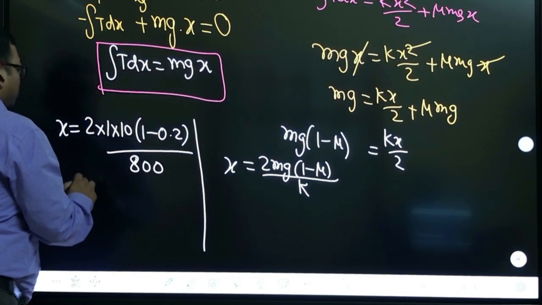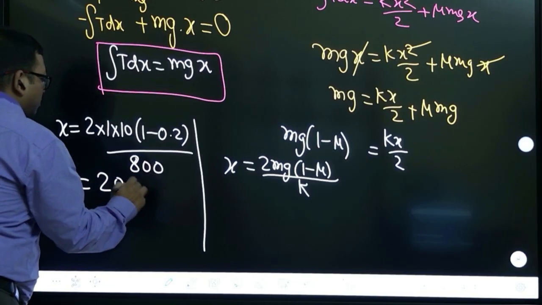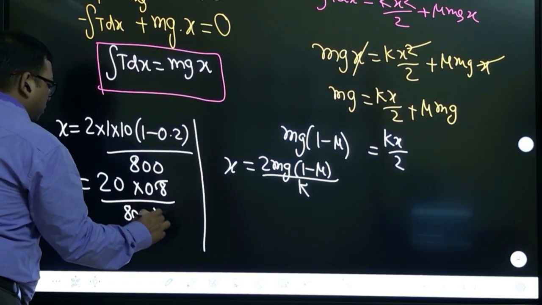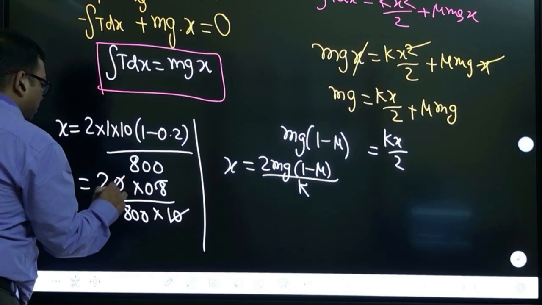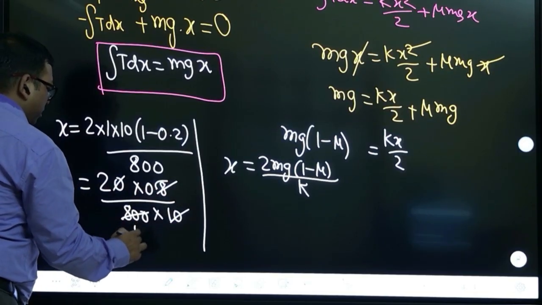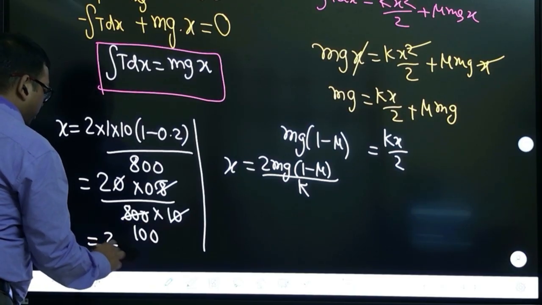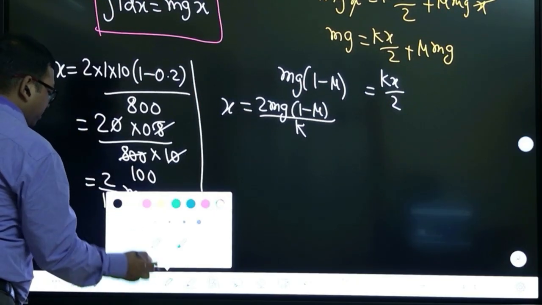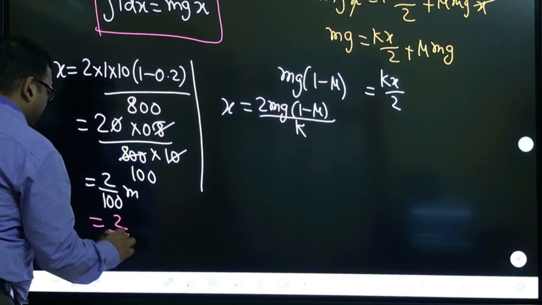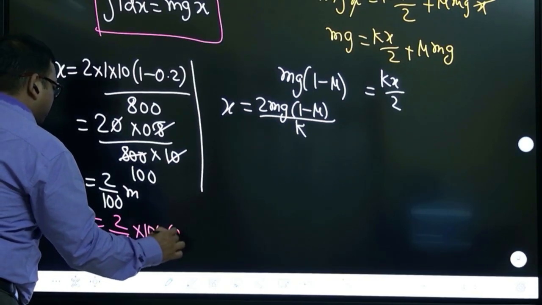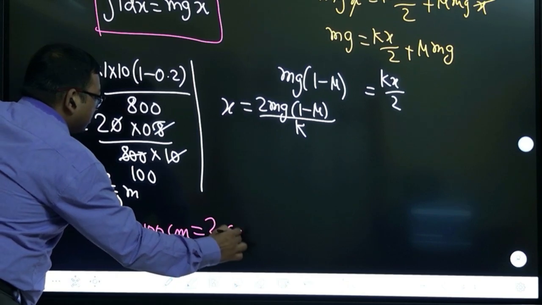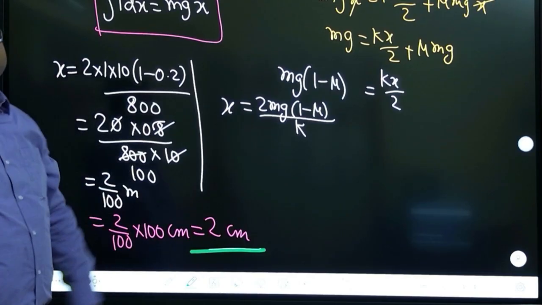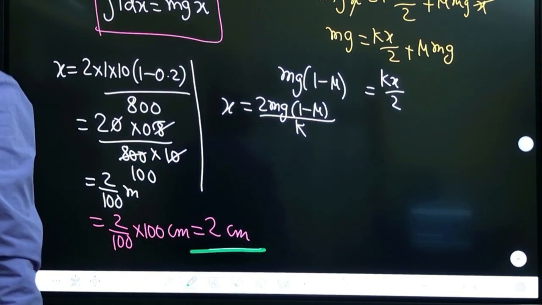Okay, substitute. So this will become 0.8 by 800. We remove this decimal, this 10 will go away, 8 will cancel by 100 times. So this is 2 by 100 meters, and this is going to give us 2 centimeters. Yes, because you multiply this with 100, you will get centimeters. So this is the answer, very good answer. In centimeters, it's an integer type of question. They are asking in centimeters. Clear?